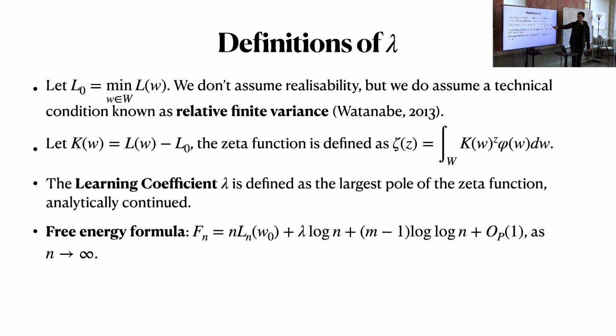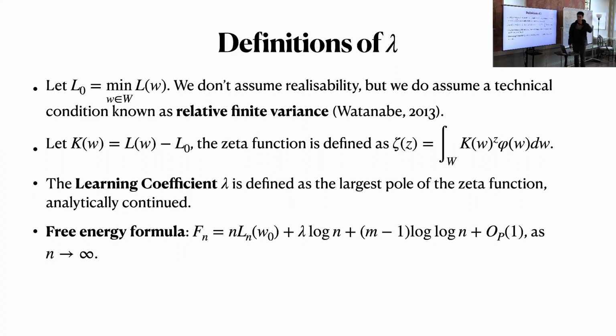And it turns out that it is holomorphic on the right half plane, and therefore you can analytically continue it to the entire plane. And under some assumptions of the analyticity of K and so on, you can prove that this becomes analytically continued to a meromorphic function.